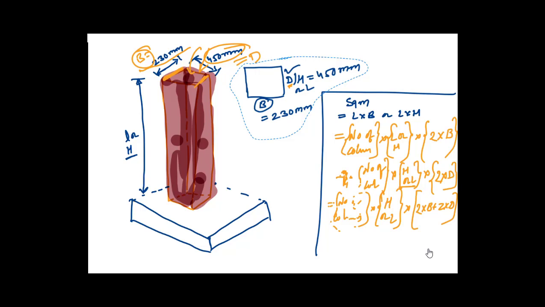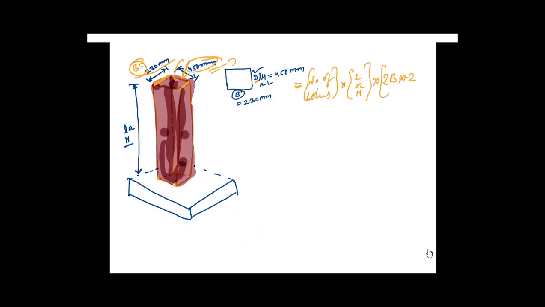One more time I am writing here, so that even if you have forgotten you can see what the formula is, that is number of columns multiplied with L or H multiplied with 2 times breadth plus 2 times depth. Here I have chosen 230 as B and 450 as D. Now the length or height of the column is not given, so let's consider that as 2.95 meter.